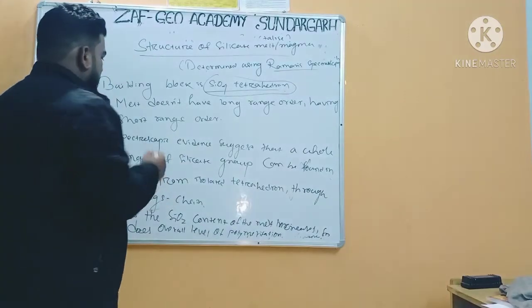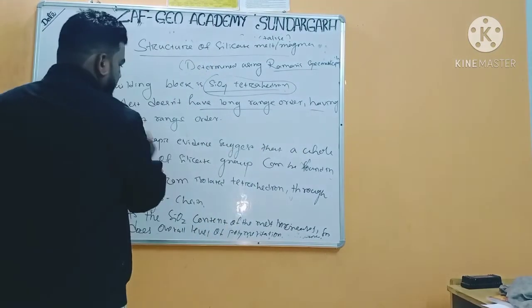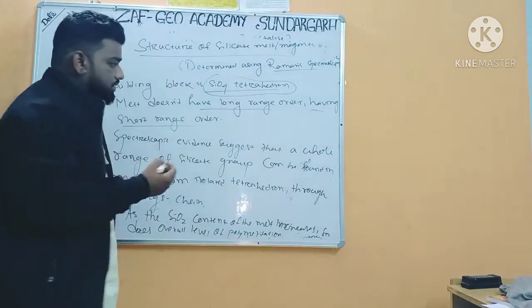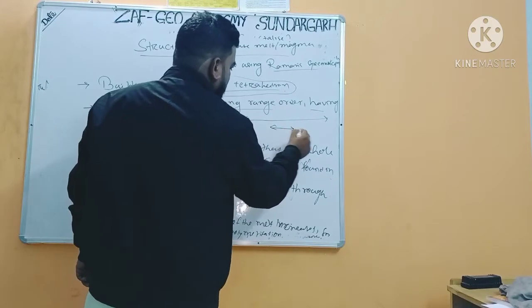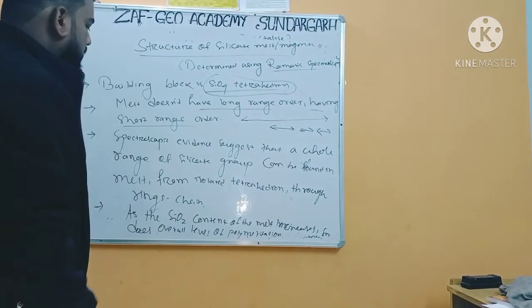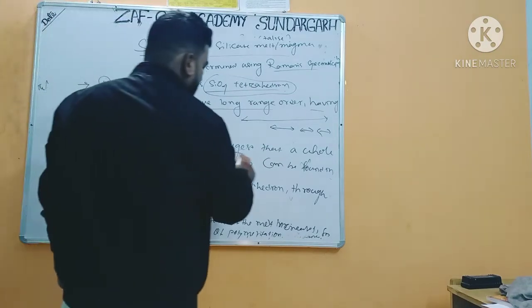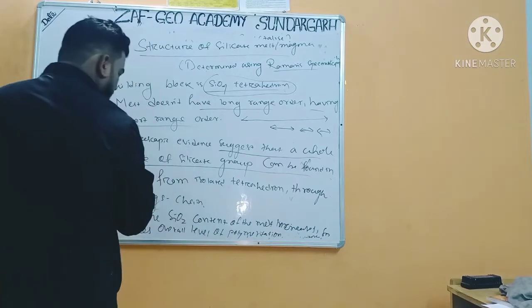Now melt does not have long range order, it has short range order. Not a big chain will form, only very small chains will form.